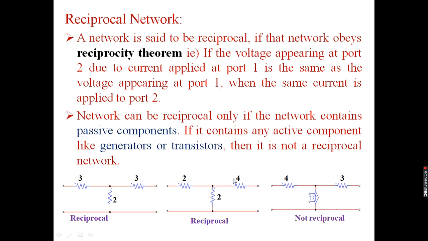We got only resistance, then we can say it is reciprocal definitely. And in this case it is not reciprocal. Why? Because we got a dependent source. Once we get a generator or transistor like that, then these are called active elements. Once you have active elements, then definitely that network cannot be a reciprocal network.